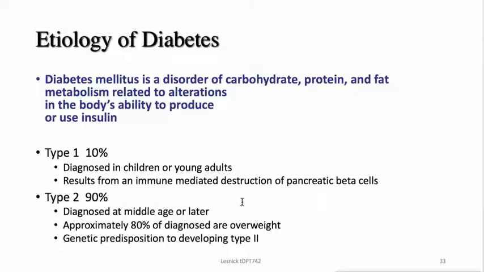Type 2 accounts for about 90% of the cases of diabetes. It tends to be diagnosed in middle age or later. Approximately 80% of those diagnosed are overweight. There is also a genetic predisposition to developing type 2 diabetes.